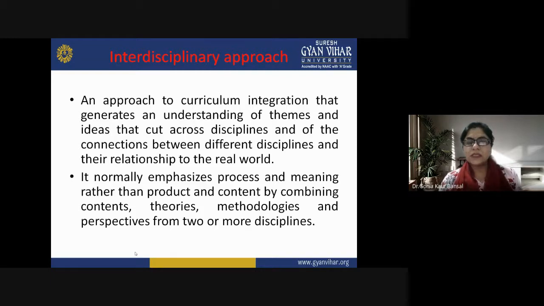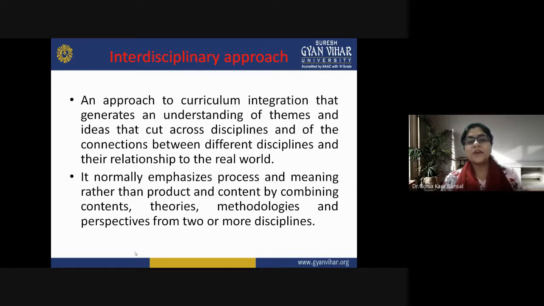So this is how it establishes an understanding from one subject to other subjects. It is also developing an integration in a very good way between the curriculum of different ideas, different themes of the subjects.